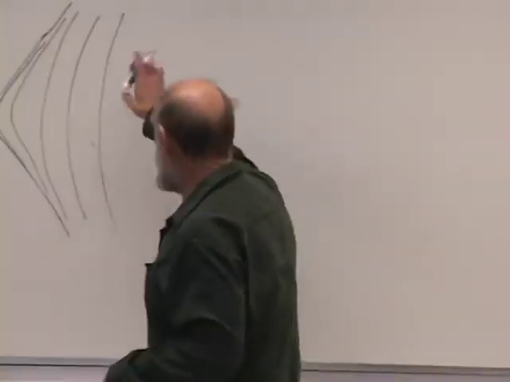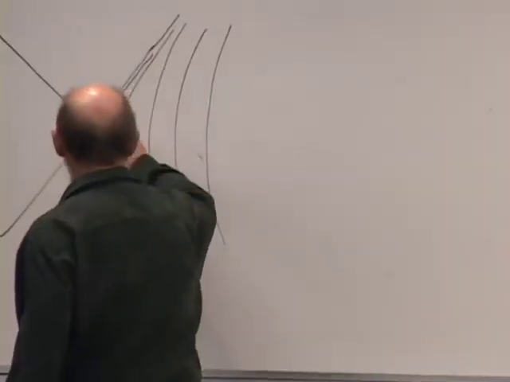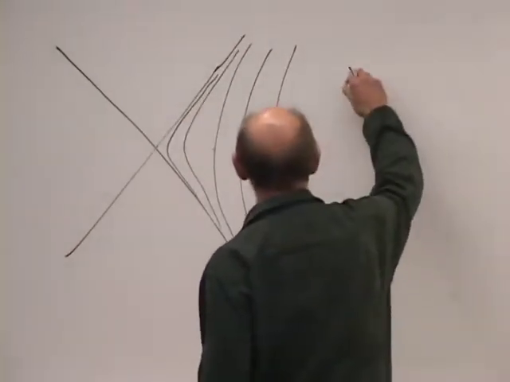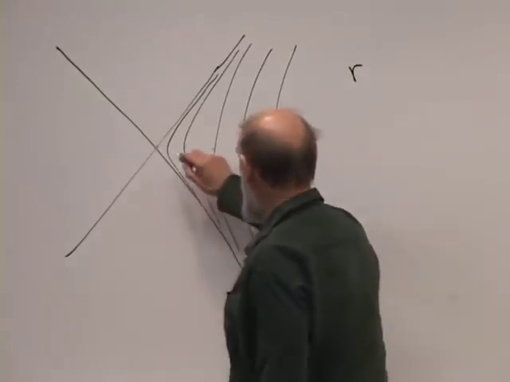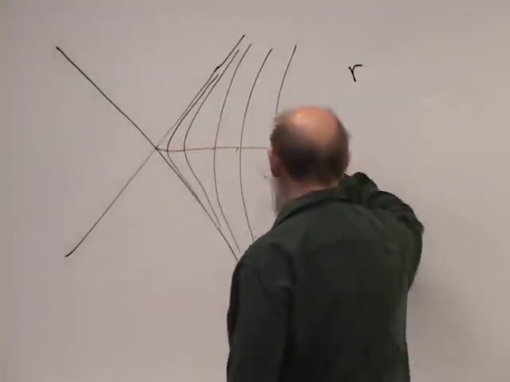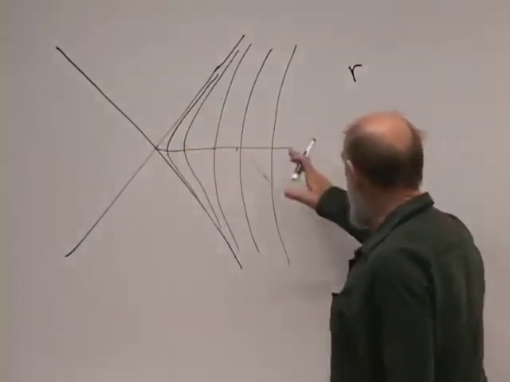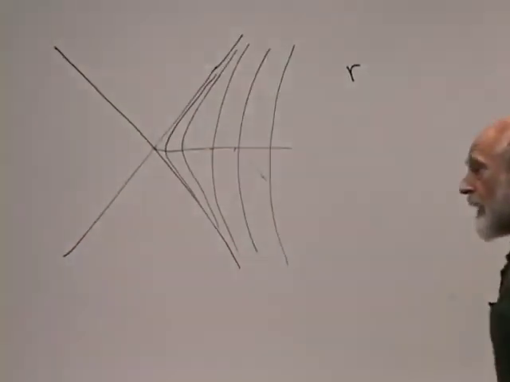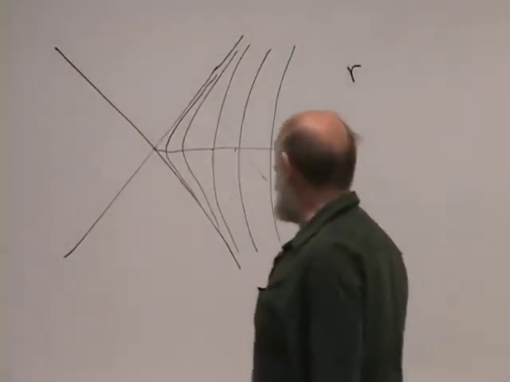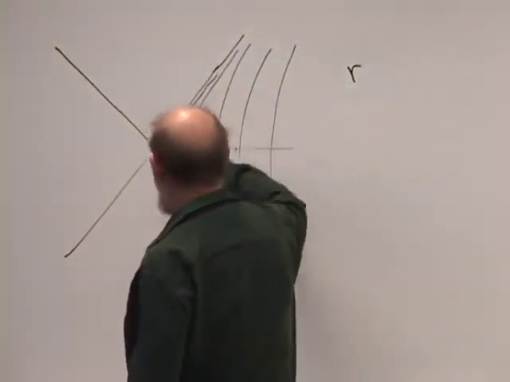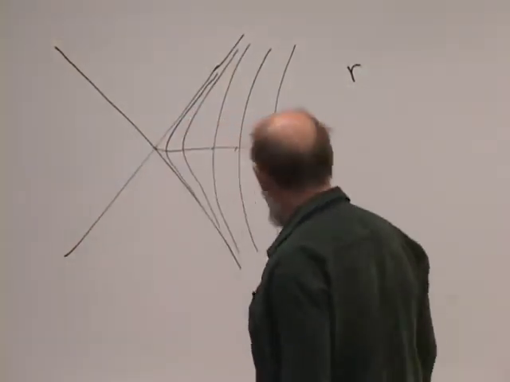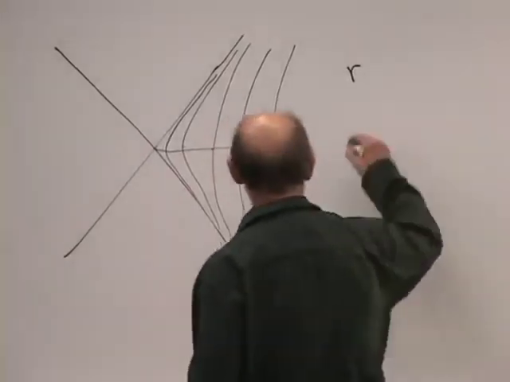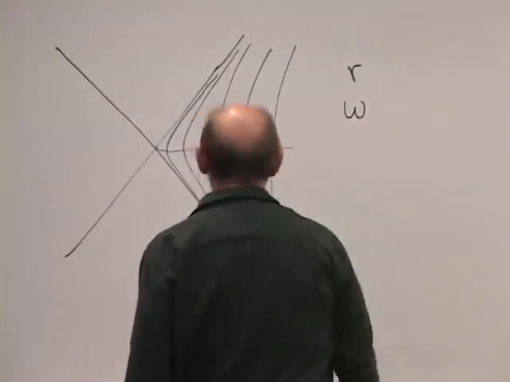Okay, we also discussed that these are the different observers. They could be characterized by a coordinate r, which, at least along here, just represents how far they are from the origin of coordinates over here. And they're also characterized by a hyperbolic angle, omega.